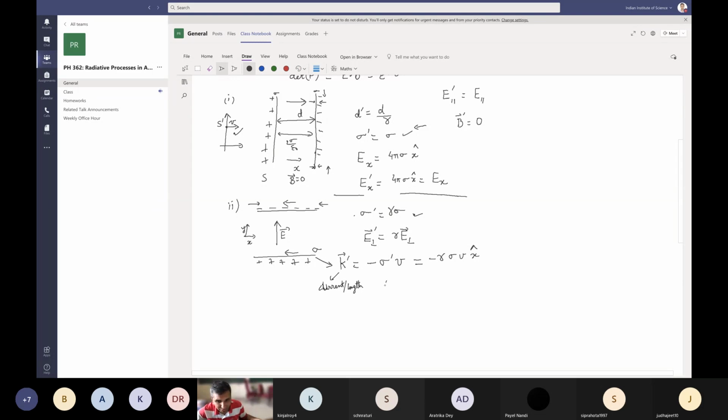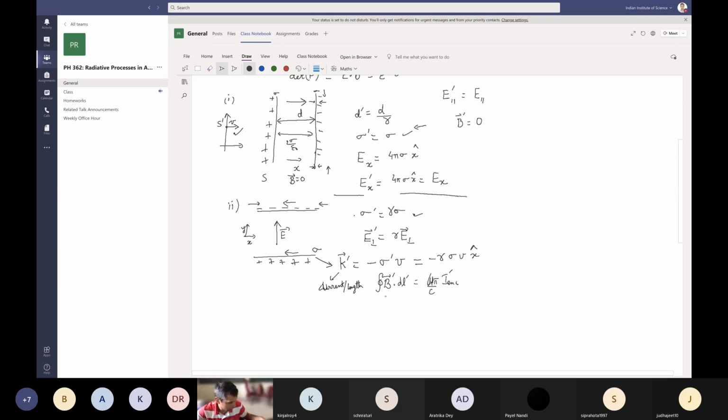Currents cause magnetic fields, so the integral of B dot dl, in fact we are just writing it in the prime frame, is equal to 4 pi by C times I enclosed, again in the prime frame. Everything is done, these measurements are done in the prime frame.